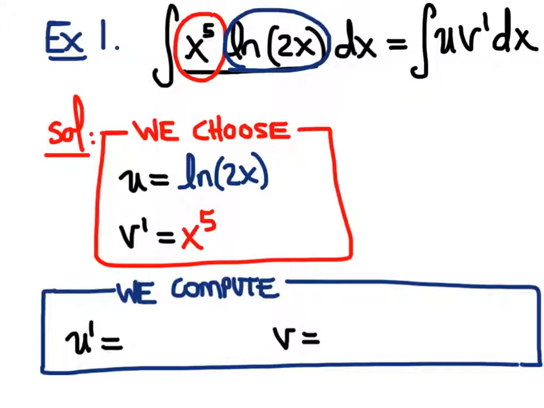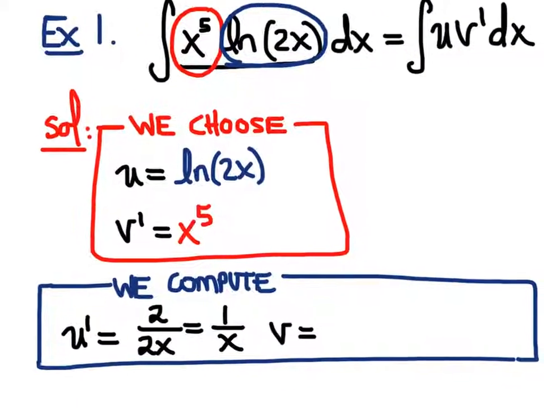So the next step after we make our choices is that we have to compute a couple things. We're first going to compute u prime using the formula for u. That's a basic derivative. We get that it's 2 divided by 2x, which simplifies to just 1 divided by x. And then we compute v using the formula for v prime.